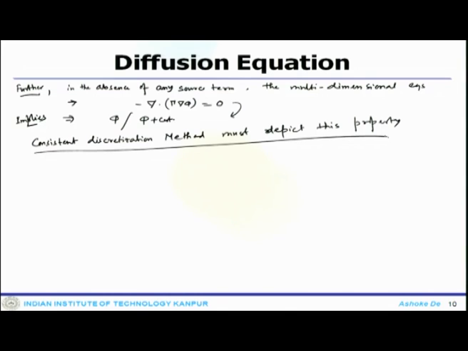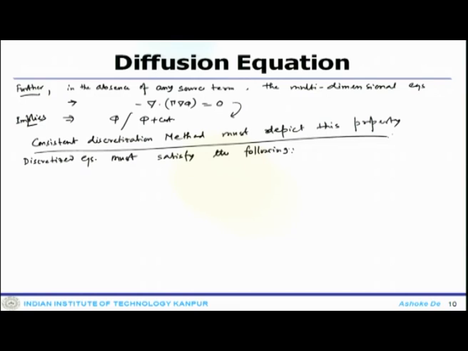So, this is very important. Once the discretization method has to reflect this property, this discretized equation must satisfy the following criteria. What is that?